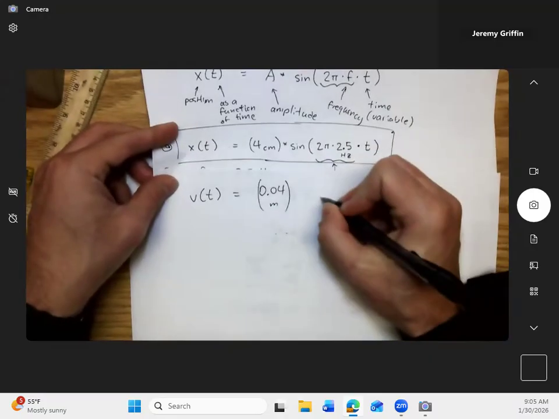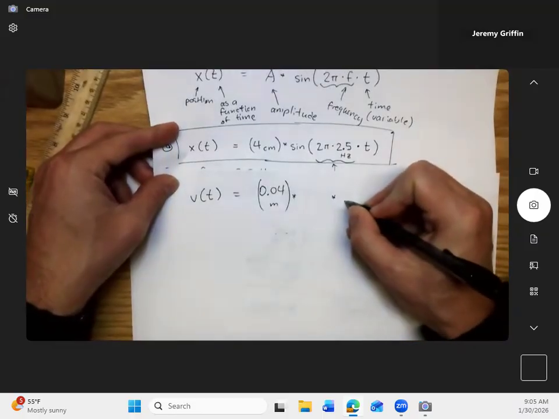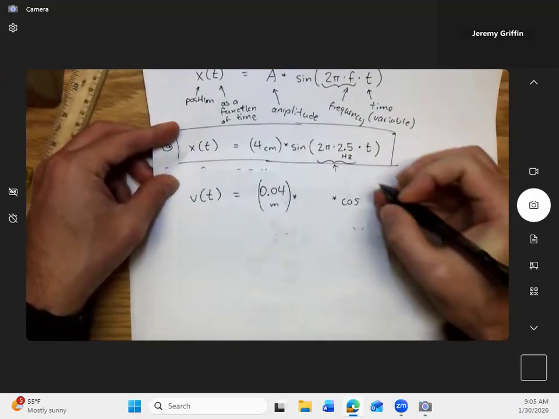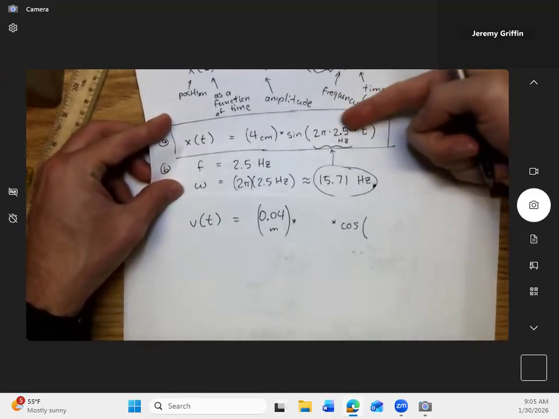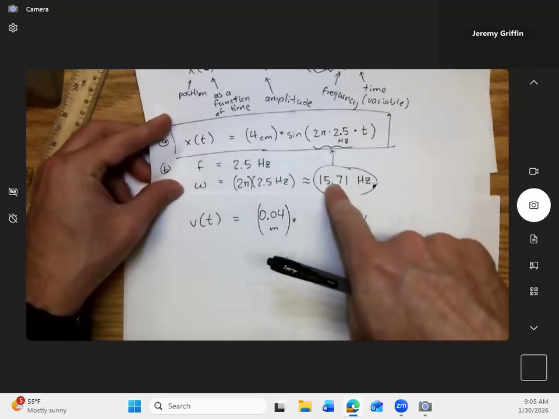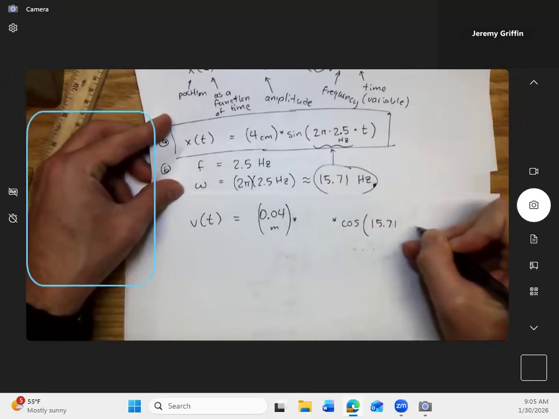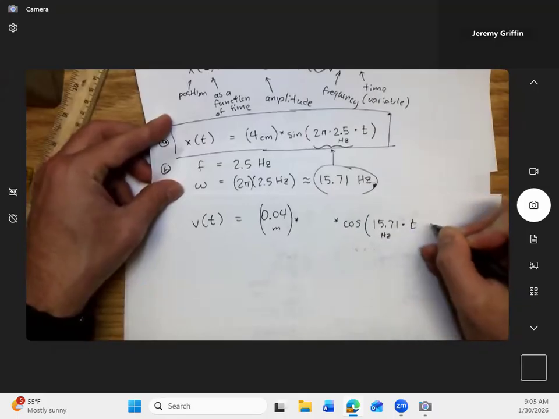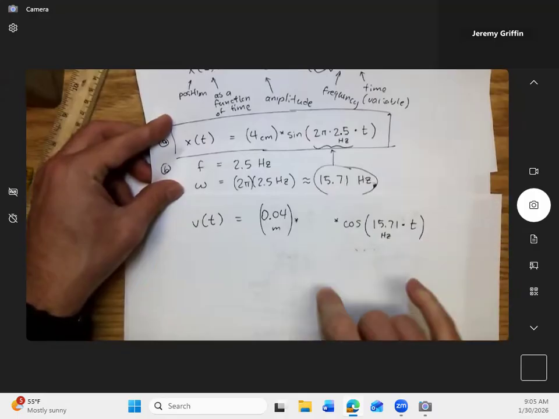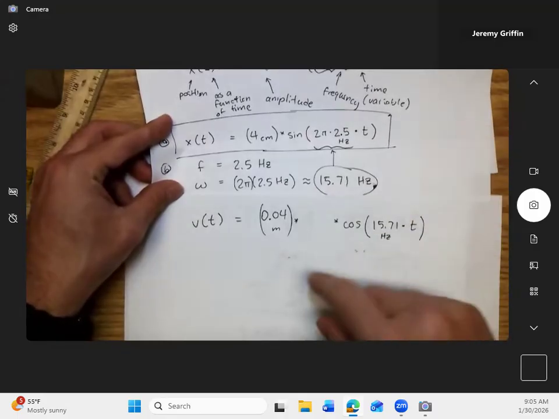Okay. So I'm gonna leave a little space here. So try to get your cosine of all this stuff. Actually, here, guys, wasn't this 2 pi times 2.5 just this number anyway? Oh yeah. So I'm gonna do that. 15.71. That's hertz. And then we still have times the variable time. But to find the rate change, again, if you're in calculus, I still need to apply the what rule?